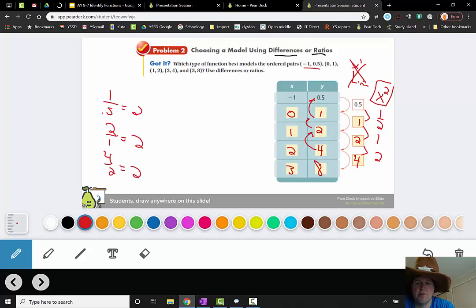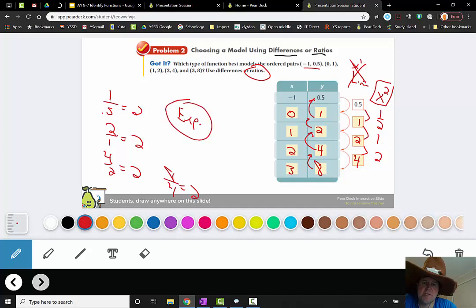So I'm working backwards on this table over here. 8 divided by 4 is 2. And since we're able to find the same ratio, we're dividing over here. Everything on the red side was subtracting, finding the difference. Now we're talking about ratios. So this is an exponential function.